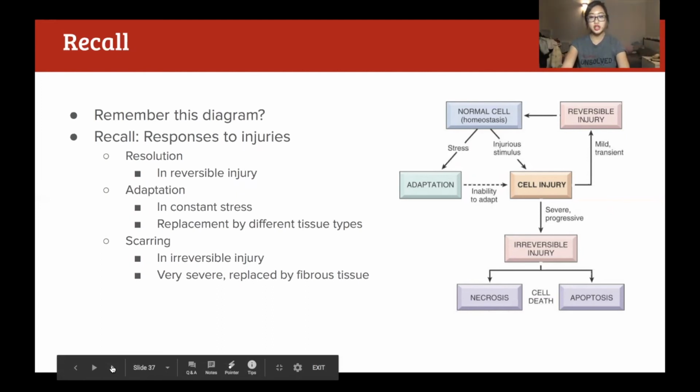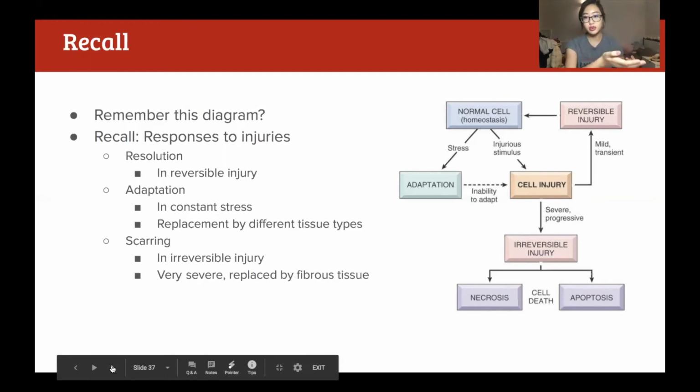So basically, remember that there are many things that can happen to your cells. It can be constant stress, which can lead to adaptation. There can be cell injury. Cell injury can be reversible, leading to normal healing.